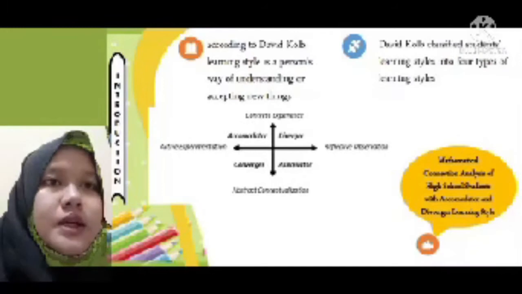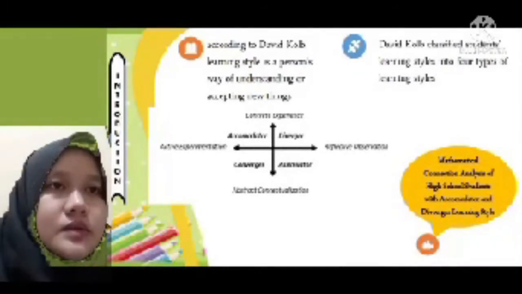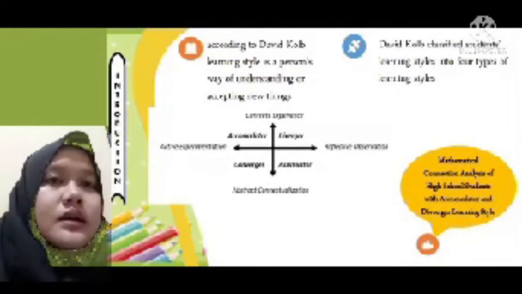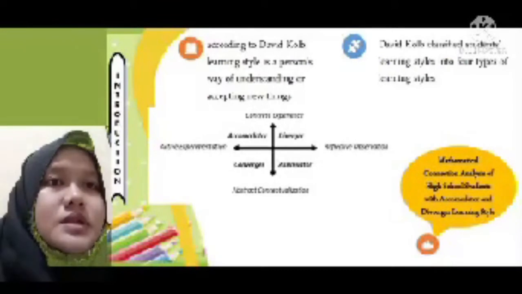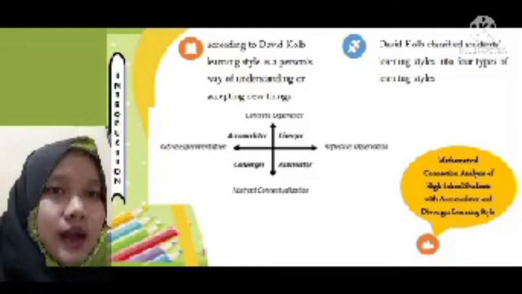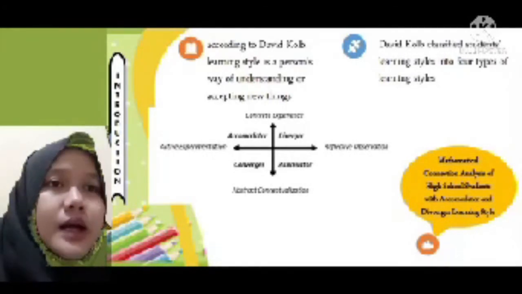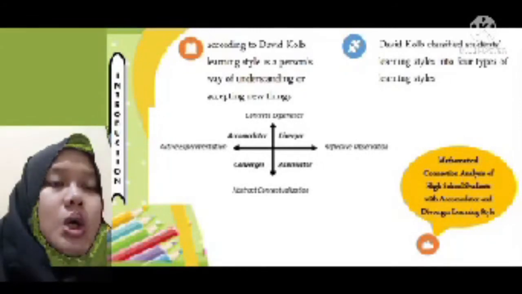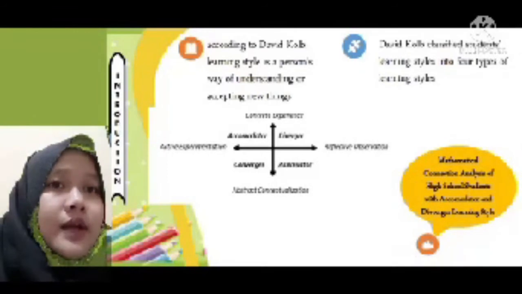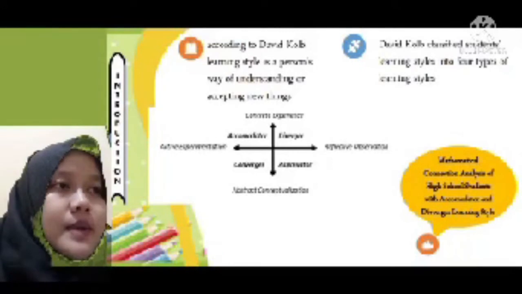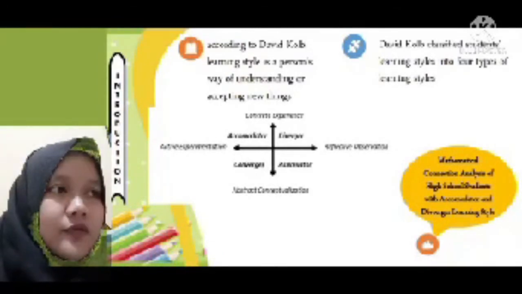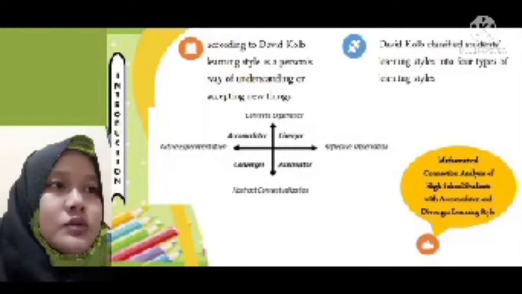According to David Kolb, learning style is a person's way of understanding or accepting new things. David Kolb classifies student learning style into four types. First, Diverger, which is a combination of concrete experience and reflective observation. Second, Assimilator, a combination of reflective observation and abstract conceptualization.